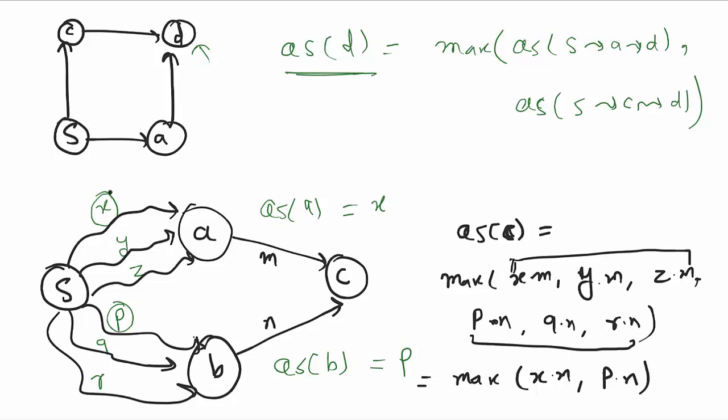Why? Because X is already the winner here, and M is just a multiplier. Similarly, P is already the winner here, and N is just a multiplier, so P into N will win, right? So instead of finding all the paths, I just need to find the quality score of these two paths.